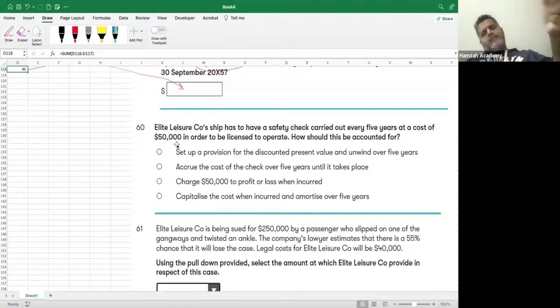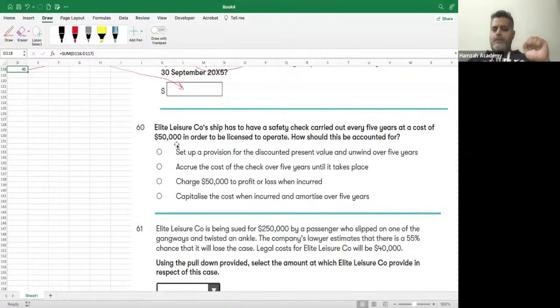Now, when we say that it's a liability, what is the definition of a liability? A present obligation arising from some past event. For a liability to be recorded in your accounts, it has to arise from a past event.